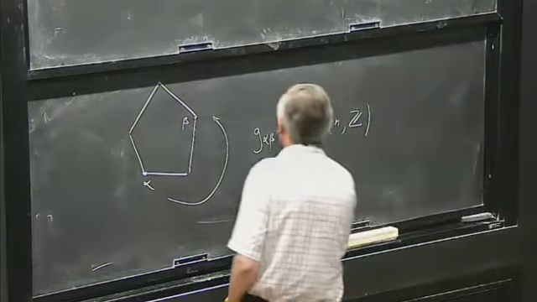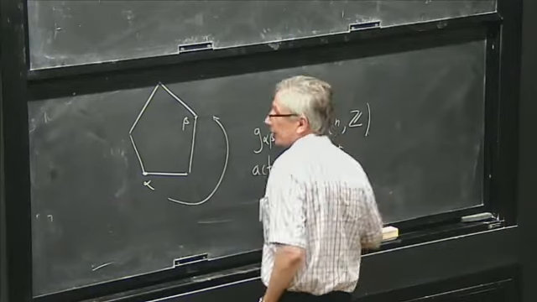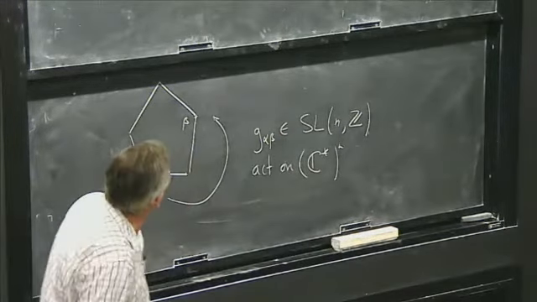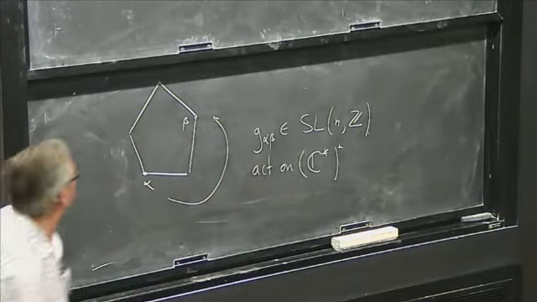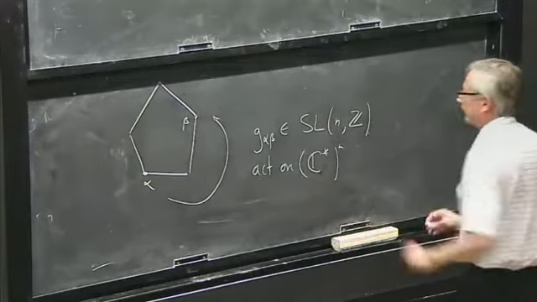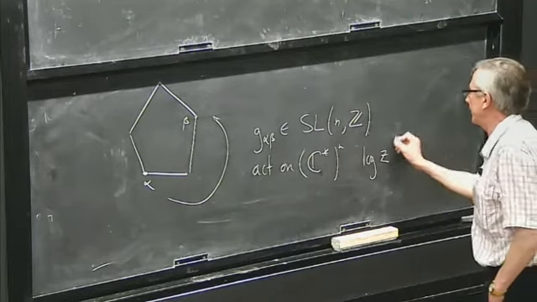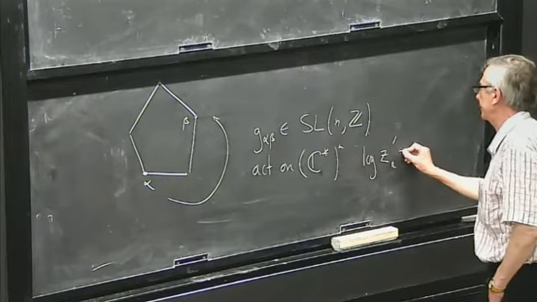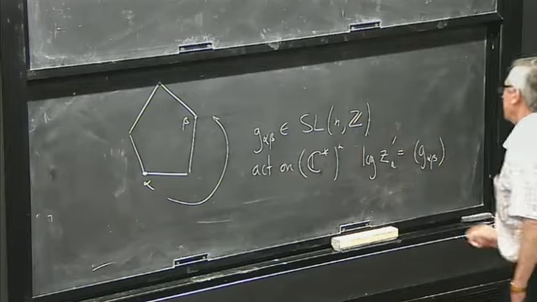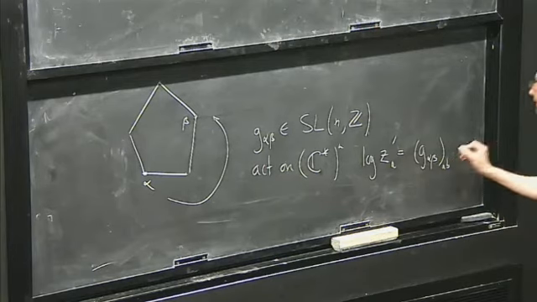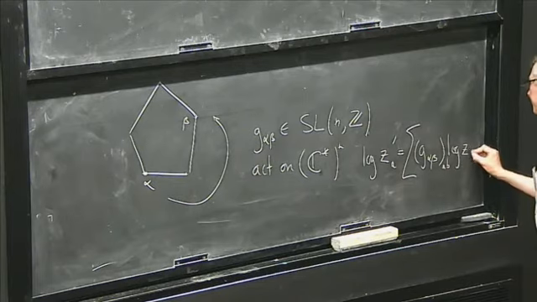But we can make this act on C star to the n just by going from multiplicative to additive notation. If we like, imagine for the moment we can take logarithms, so we're going to act by saying that the log of, after we transform, say, z primed a, is going to be the sum over b of G alpha beta AB times the log of z b.